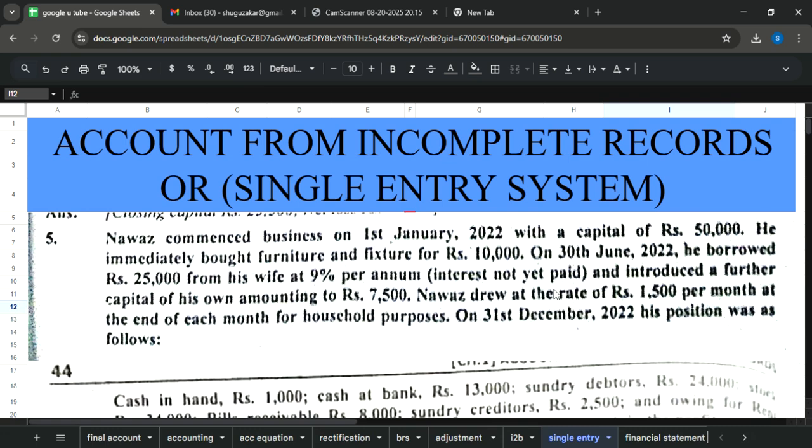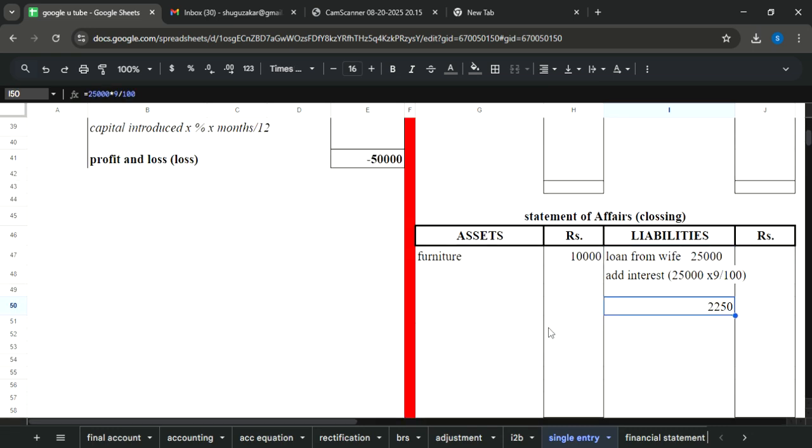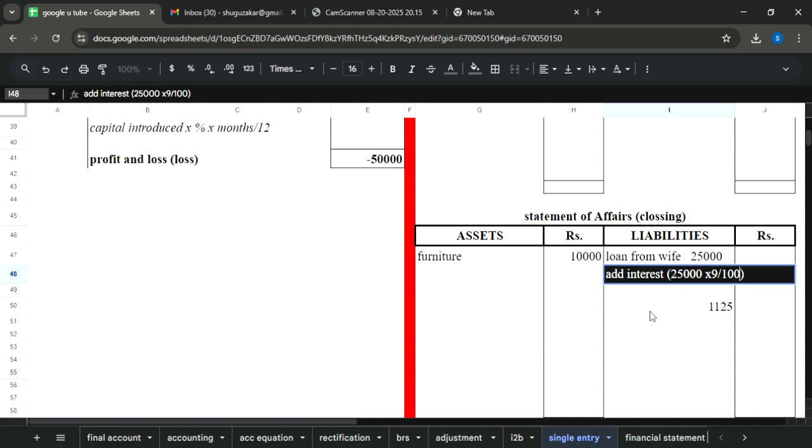So from 30th June to 31st December, you need to calculate 6 months' interest. So 25,000 multiplied by 9 over 100, again multiplied by 6 divided by 12. Six months' interest is calculated, that is 1125. Finally you will get 1125 as your interest.